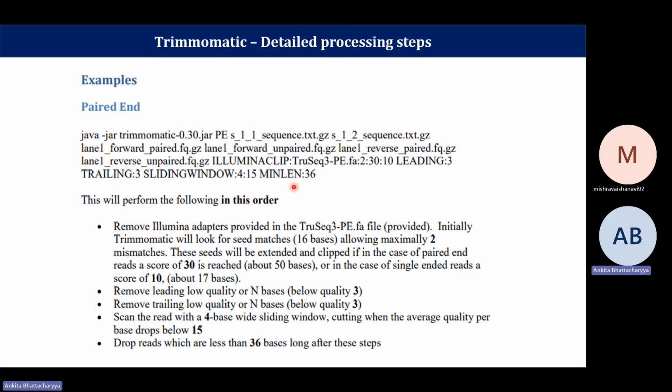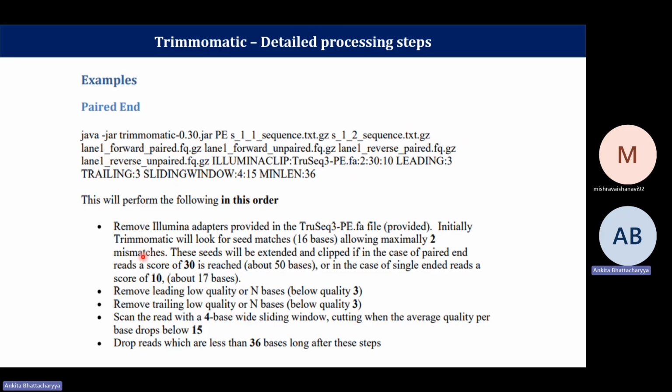So when you give this command, the tool will take these four input files and it will give you these output files. And what will it do? It will remove Illumina adapters provided in this particular file. Initially, Trimomatic will look for seed matches.